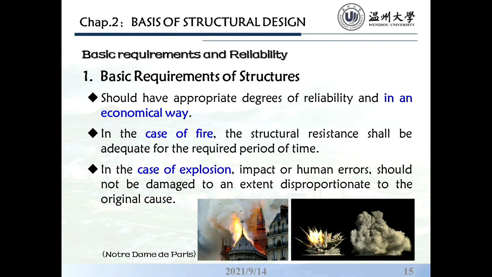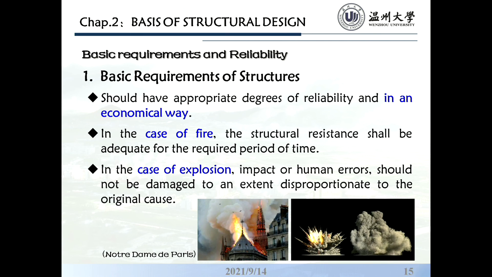And look at this, it still happens in Europe, right? There are famous buildings, but fires occur. So now the relevant departments collect some information, the design cases, to repair the buildings.